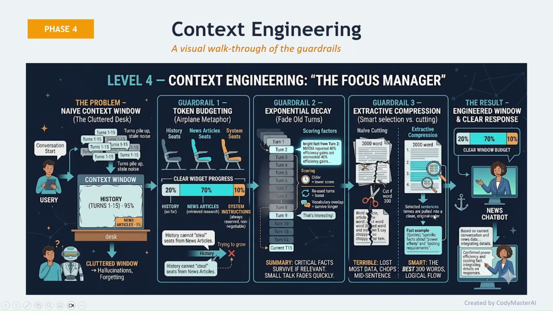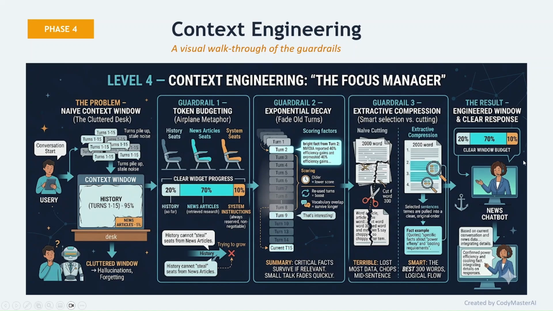Score each sentence for relevance to the current query. 3. Greedily select the highest scoring sentences until the budget is full. 4. Serve them back in original document order, not relevance order, to preserve logical flow. Instead of getting the first 300 words, you get the best 300 words, the specific facts about power efficiency and cooling requirements that the user actually asked about.